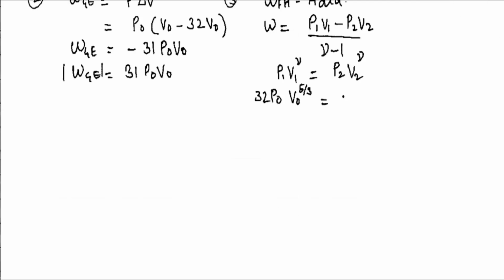Now P2 is simply P naught, and we have to find V2 to the power 5 by 3. So when we solve from here, we get V2 is equal to 8 V naught.